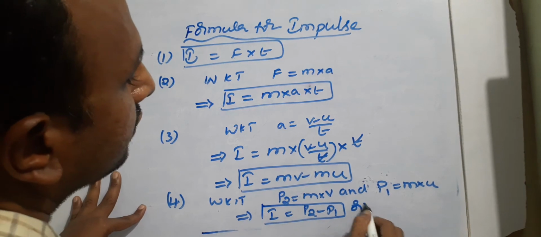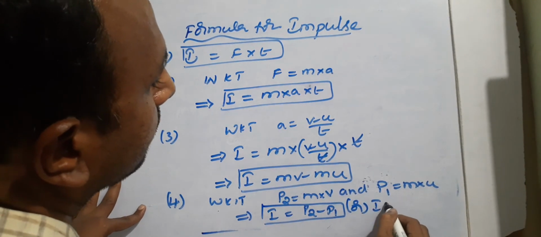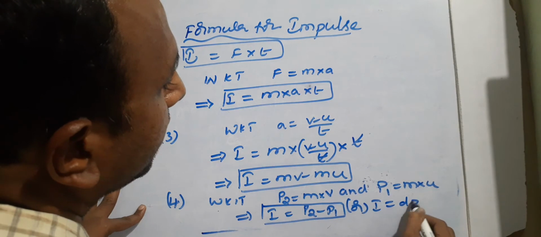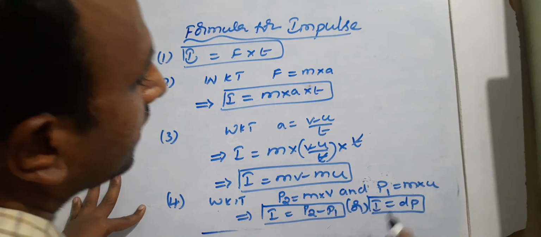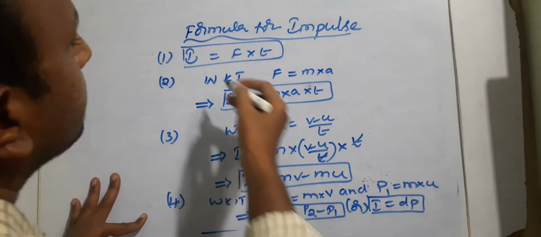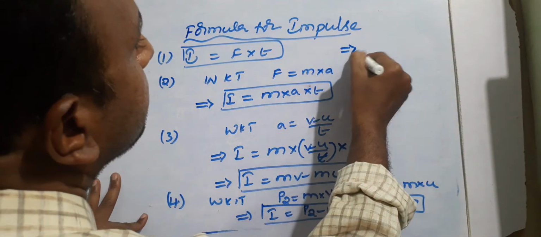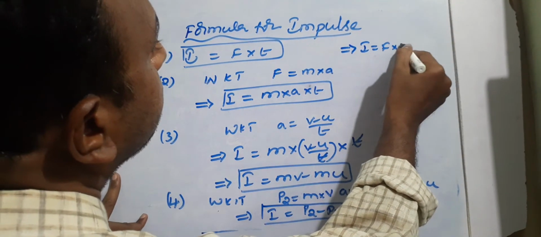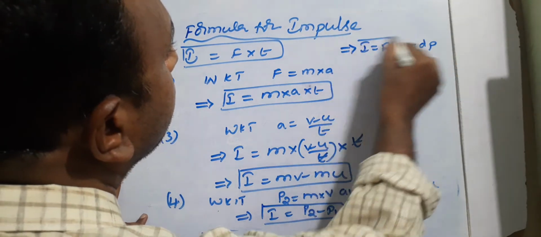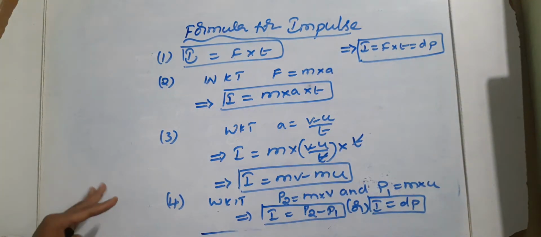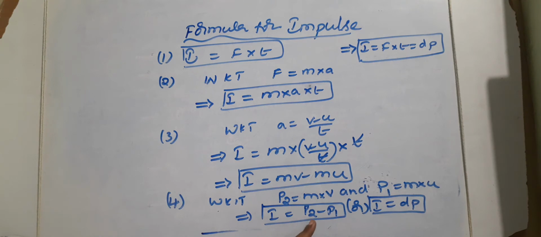Or it can also be written as I is equal to dp, that is, impulse is equal to dp, but I is also equal to F into t. So I is equal to F into t is equal to dp. dp is nothing but the change in momentum, the difference between final momentum and initial momentum. P2 is the final momentum, that is, the linear momentum. We can also call this a linear momentum.